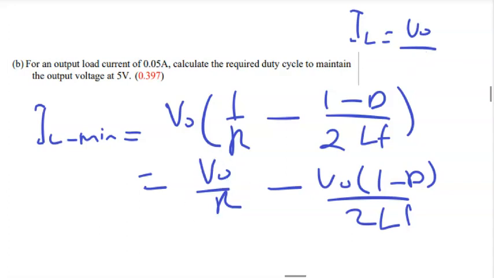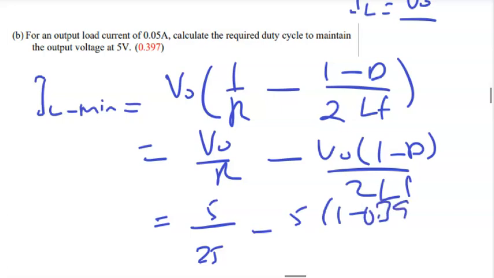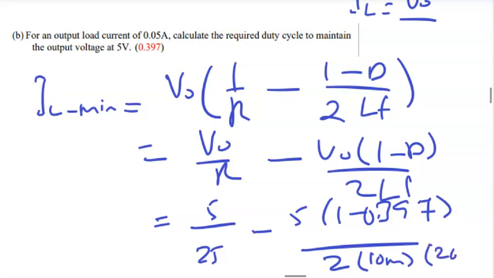So you can include your values here. V out has 5 volt. R value is 25, divided by 5 times 1 minus D. We try to check is it still in CCM or DCM. Divide by 2 times L, which is 10 millihenry, frequency of 20 kilohertz.